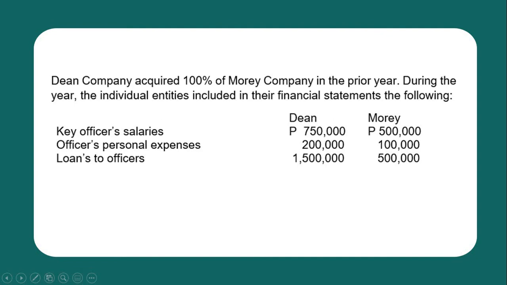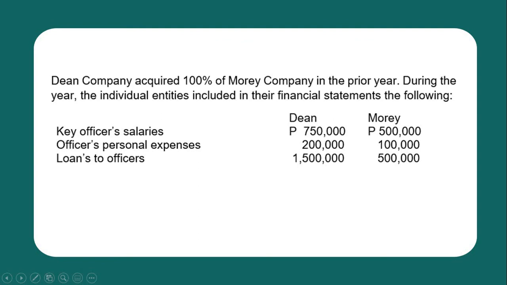Officer's personal expenses, so those are personal expenses of the officers. And of course, that is not considered a related party transaction because that is not shouldered by the reporting entity, Dean and Moray. Perhaps these entities have shouldered the personal expenses first, but subsequently the officers will pay back these entities.